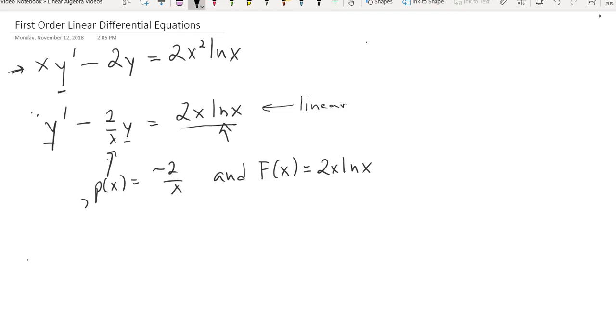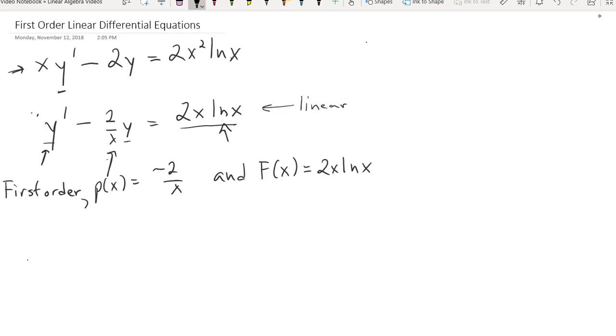And the second part is that this is first order because the highest order of the derivative is 1. The highest thing here is the first derivative, and so consequently that makes this a first order linear differential equation.